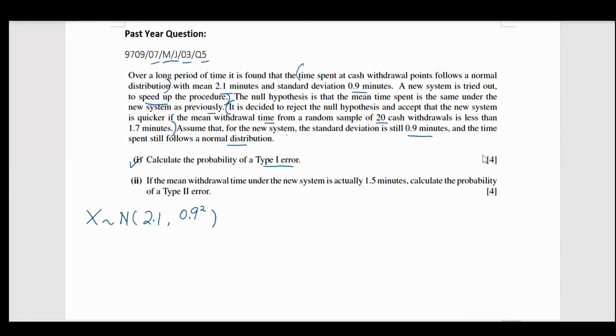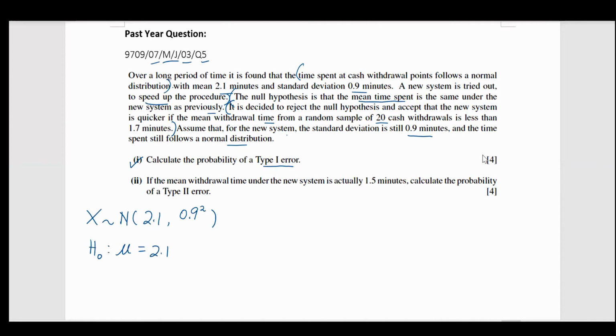If we were to carry out a hypothesis test, then H null is that the mean is 2.1, as given by the question.